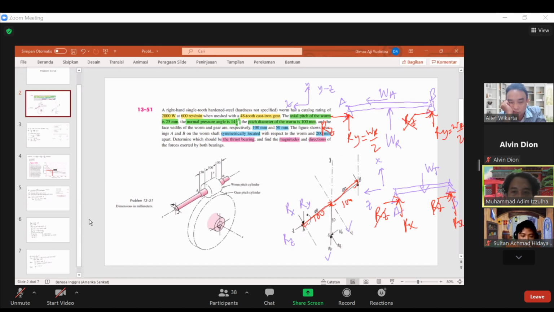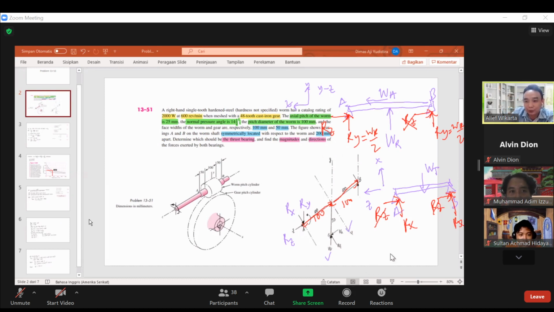Because I think it is easier for us. Oh, yeah. If you use pin support, I think it's okay. You can, of course, use pin and roll. Yes, that's okay.